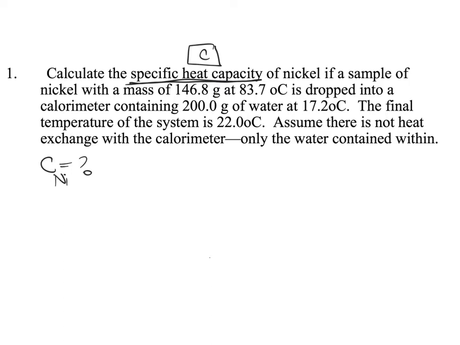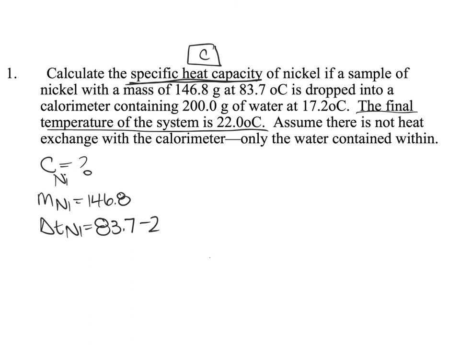Okay, the next one is that we have a mass of nickel that is 146.8. And we have a temperature change of nickel. So the nickel started at 83.7, and once you go down, you'll actually see that the temperature of the system is 22. What that means is that the nickel started off at 83.7, right?